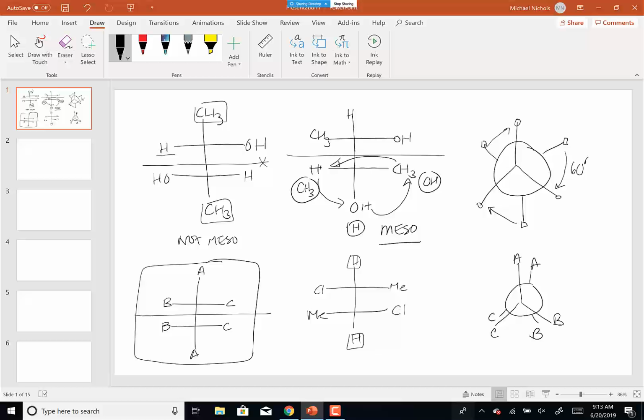So whenever you have a not meso and a meso combination, those two are automatically going to be diastereomers. So a meso, not meso combination is automatically diastereomers. And statistically, that's more likely to happen than them being the same meso compound, or them being enantiomers.